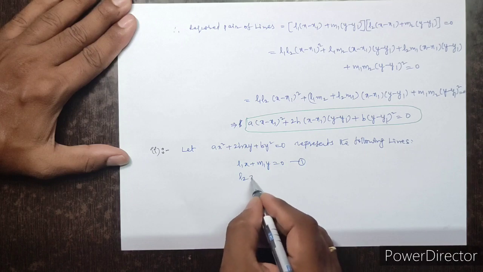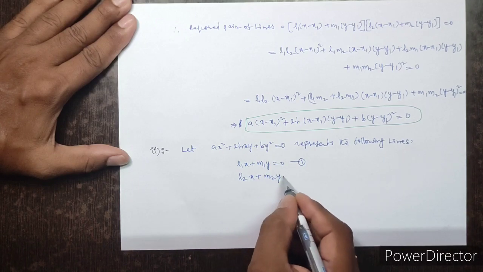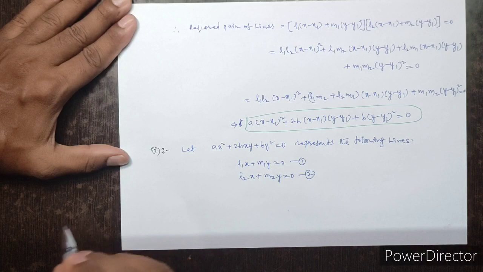And the second line is l2 x plus m2 y equal to 0, this is equation number 2.